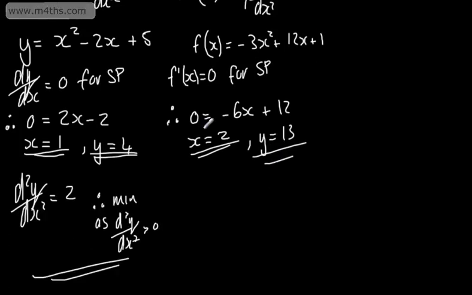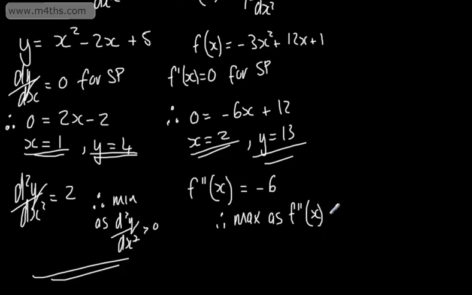So let's now determine the nature. f double dashed of x, if we look at an expression for that, is the derivative of this, which is negative 6. Therefore, we can say this is a maximum as f double dashed of x is going to be less than 0.